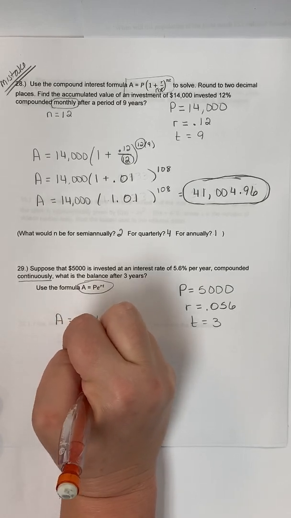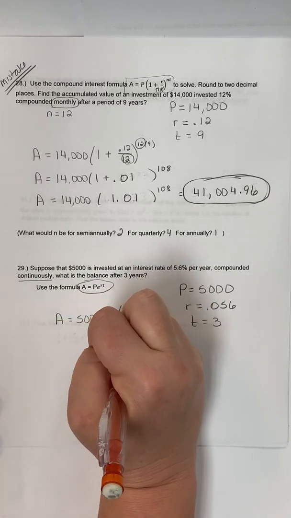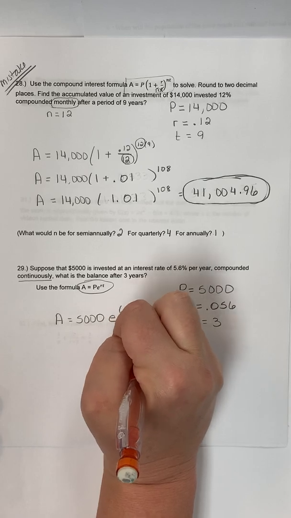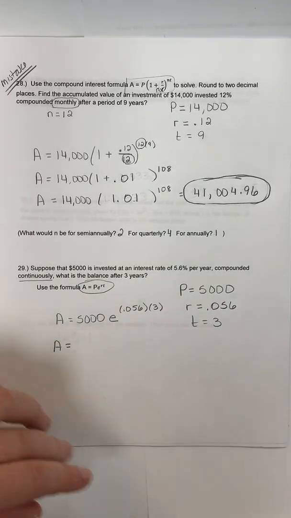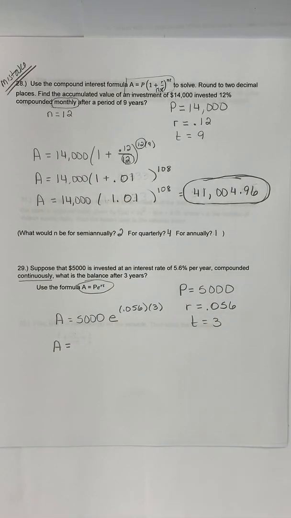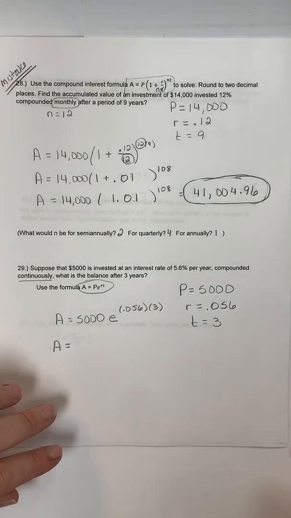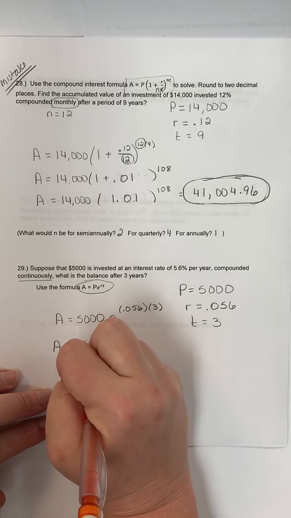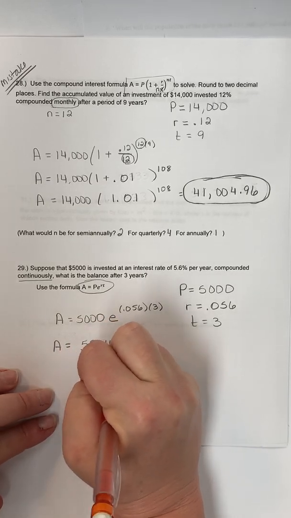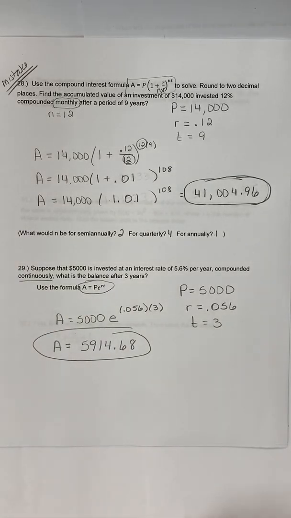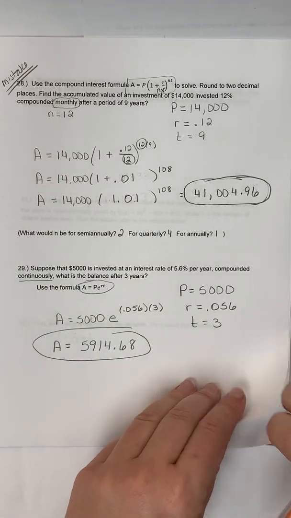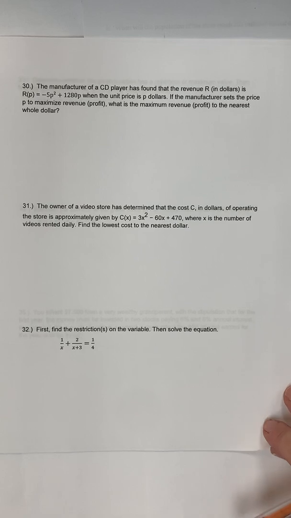We have 5,000 times E to the 0.056 times 3. Put that in your calculator, and you should come out with $5,914.68.